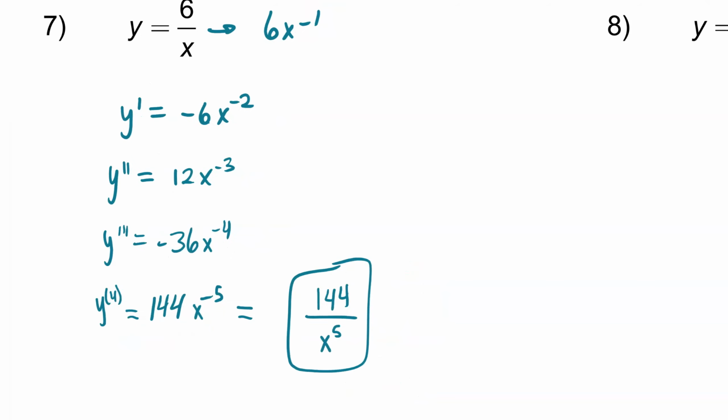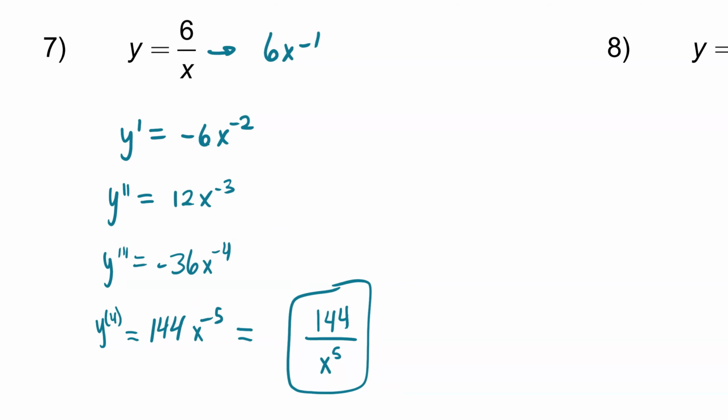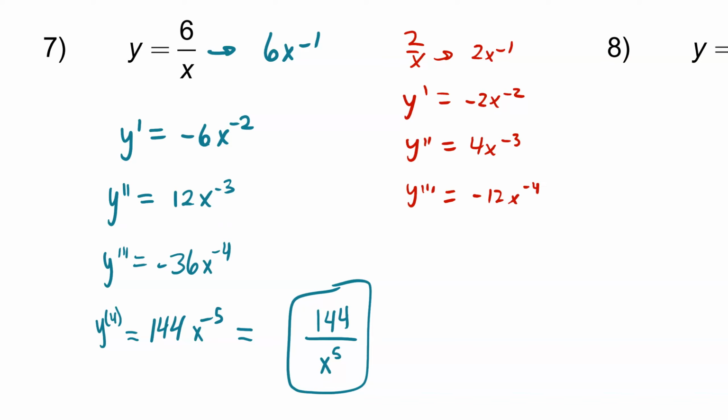If it's okay, I would start with something like 2 over x. That way it makes it a little easier. Because imagine this was 2 over x. It would be much better, right? Y prime would be negative 2x to the negative 2. Y double prime would be something like 4x to the negative third. Y third, negative 12x to the negative 4.